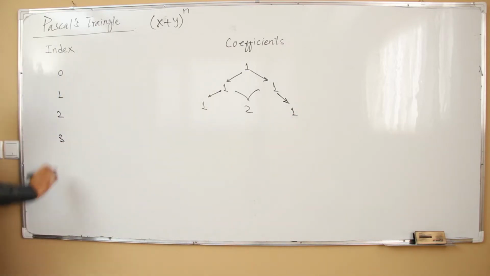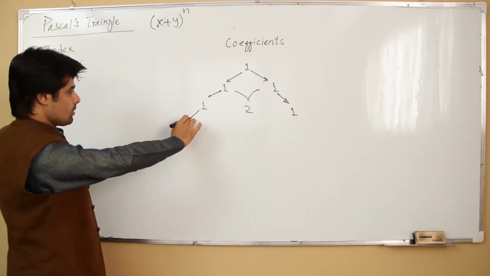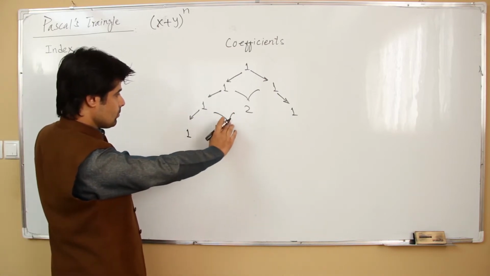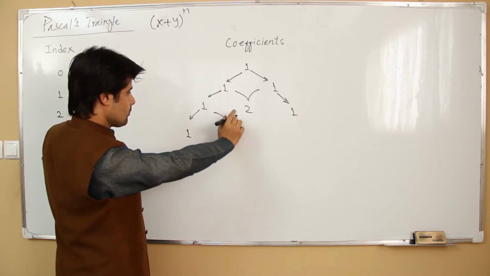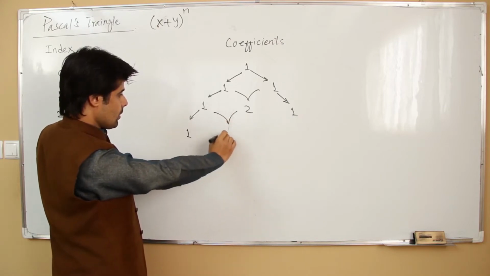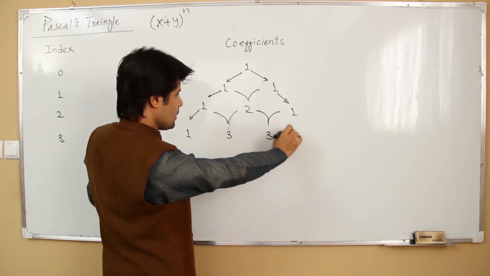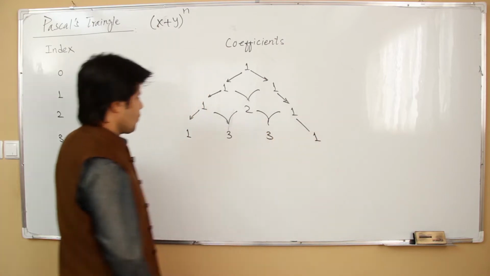If the index is 3, expand this one by 1, sum these two, you have 3, sum these two, it's 3, and expand this one by 1.